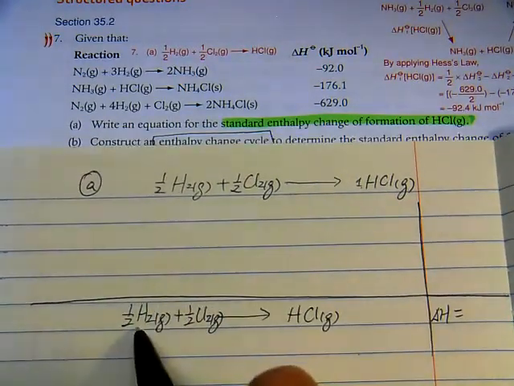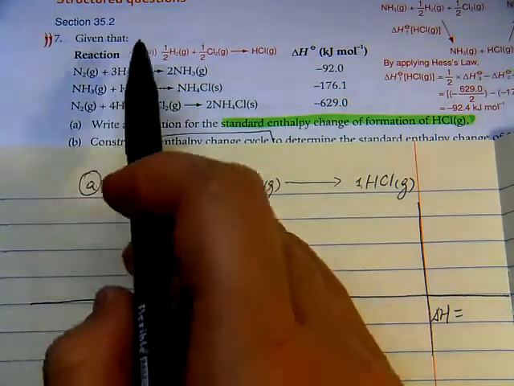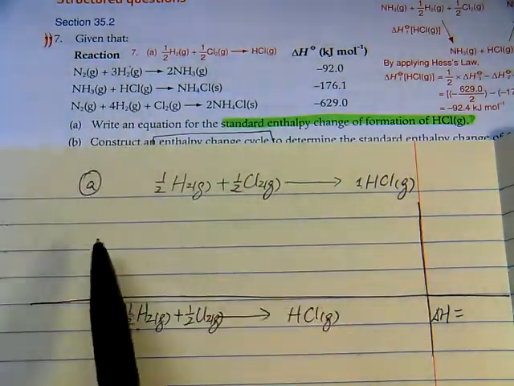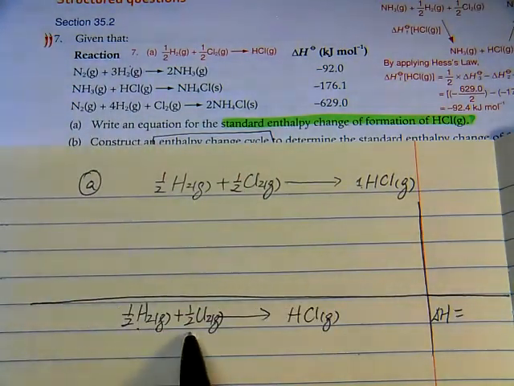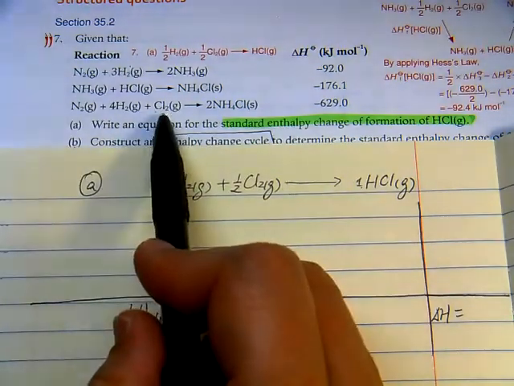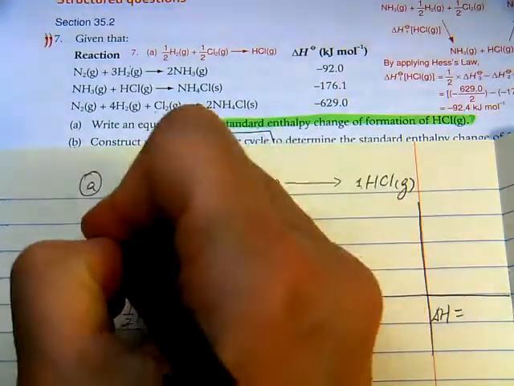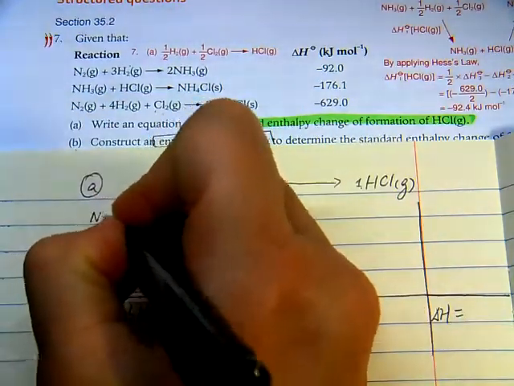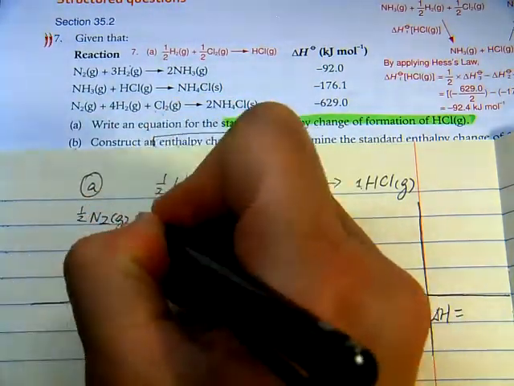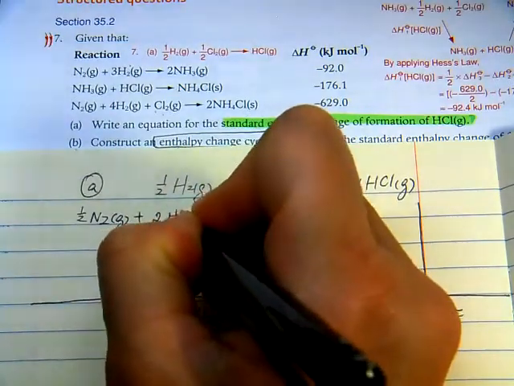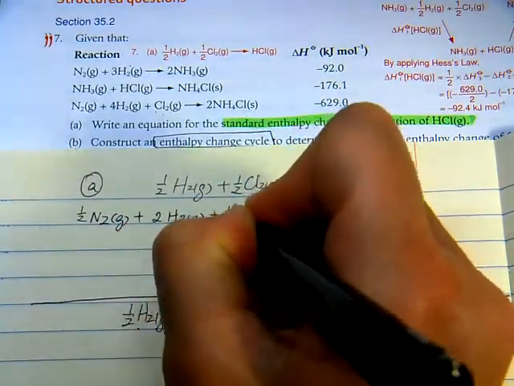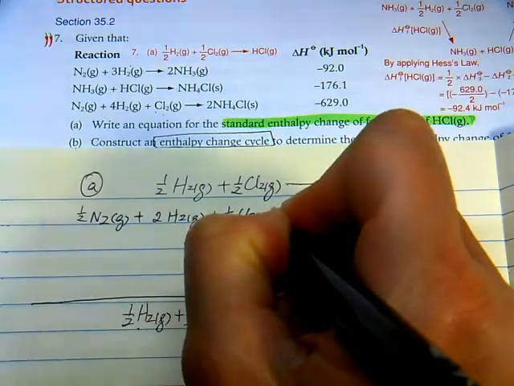Now let's look at half H2. Which equation has H2? There are 2. Okay, I don't start with this one. Half Cl2, that's only one, this one. But you need to divide this equation by half. Keep the direction, but divide the equation by half.